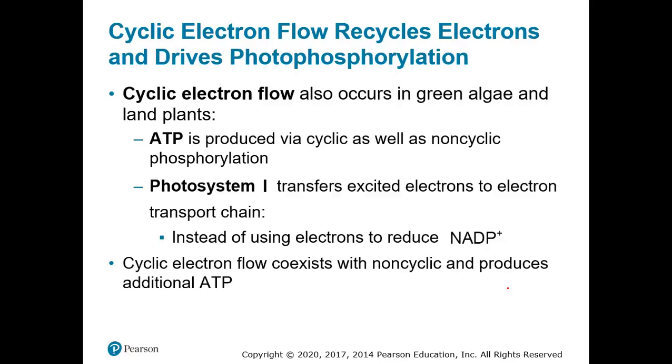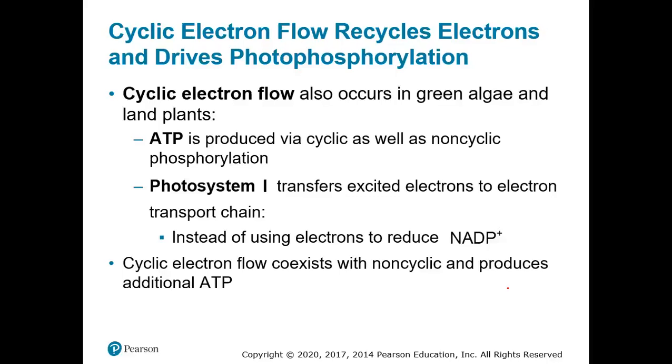So just because we've described non-cyclic electron flow doesn't mean that there is not such a thing as cyclic electron flow, so something that occurs in a circle. So, for example, some green algae and land plants will resort to the cyclic electron flow. And essentially with this, we're going to produce some ATP, but our photosystem 1 is going to act a little bit different.